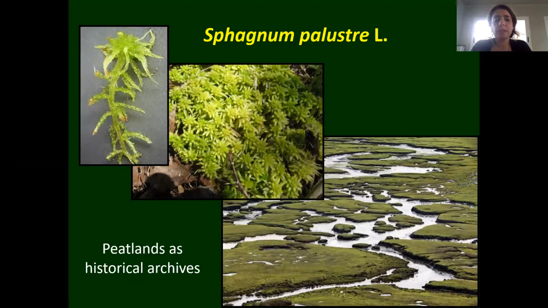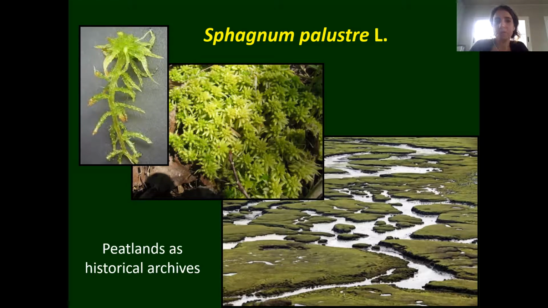But also peatlands are important because they are considered historical archives of atmospheric deposition of several years ago. So if you study the profile of peatlands, you can understand which was the atmosphere of several years ago, just studying the peatland profile.